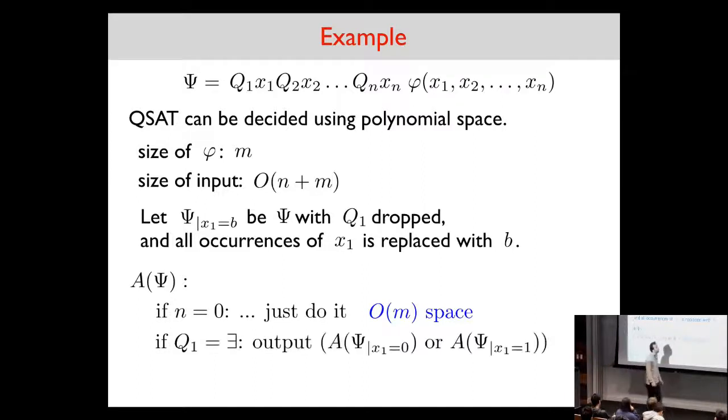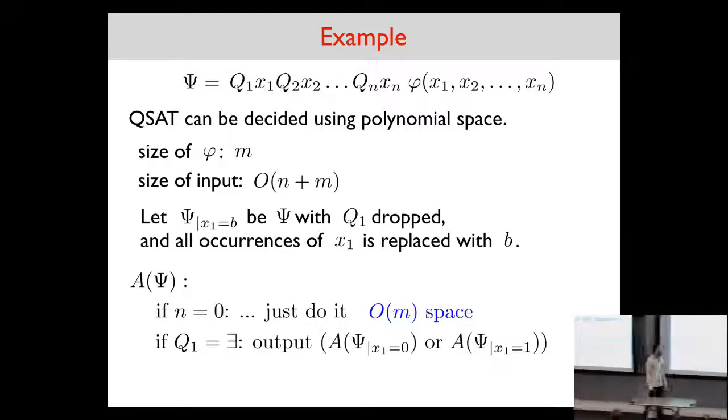Now, what's the next step? We're going to check if the first quantifier is there exists. If the first quantifier is exists, then we run our algorithm recursively on the restriction when x1 is 0 and also on the restriction when x1 equals 1.